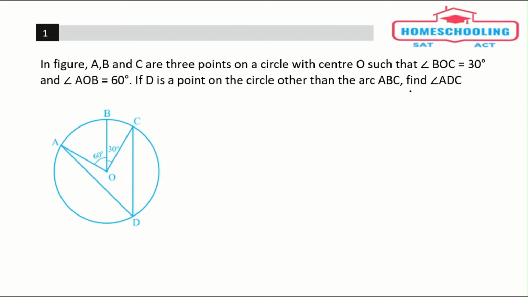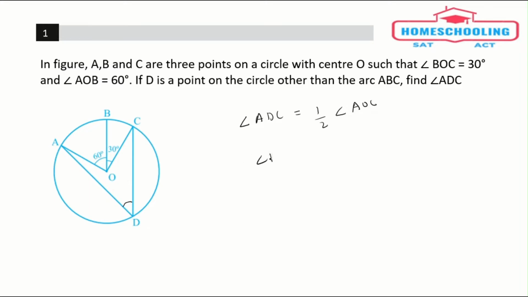Then find angle ADC. So this is an inscribed angle. As we have read, angle ADC is going to be half of the central angle. We will take the whole as a central angle, 60 plus 30, so angle AOC is 90.